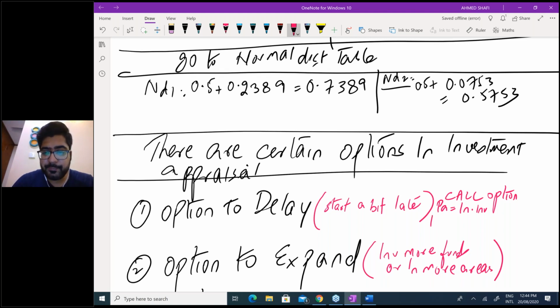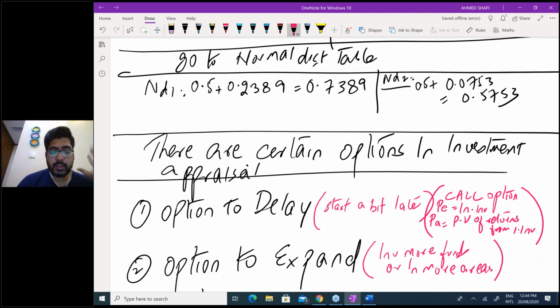Sorry, PE is the initial investment, and PA is considered to be the present value of returns from initial investment. You need to learn these. Option to delay, starting the project a bit late, is considered a call option. PE, the exercise price of this option, is the initial investment, and PA is the present value of returns from initial investment.